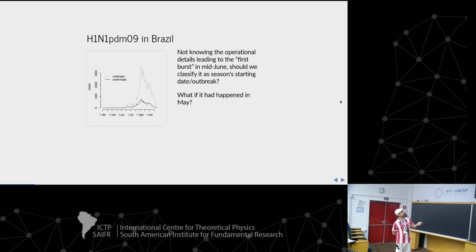Now the thing is, if this small burst here wasn't so close to the next phase, what happened in May, for instance, would that already be enough for us to classify it as a sustained outbreak caused by some other respiratory infection, even influenza, but not the pandemic strain already?